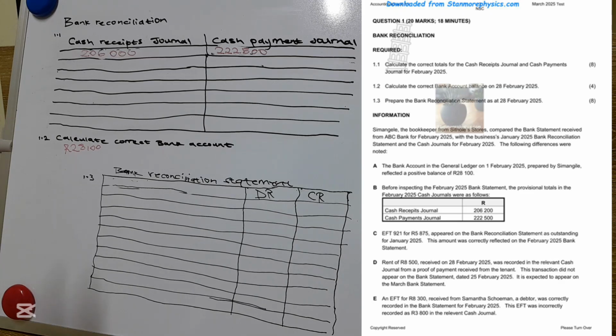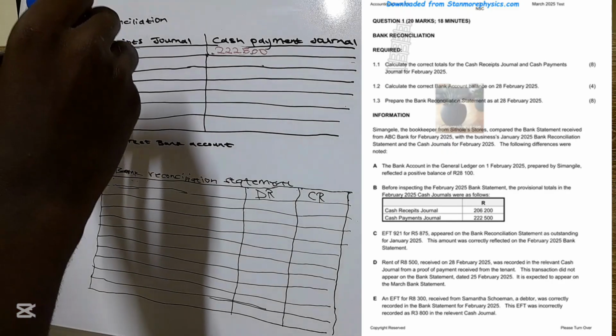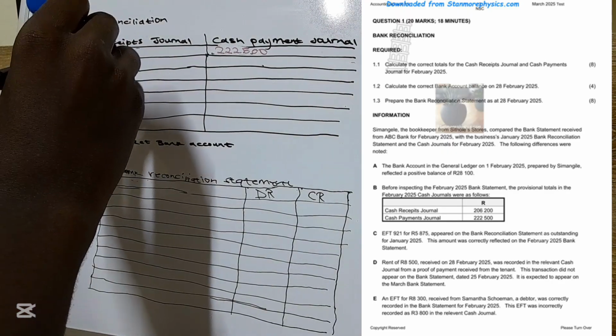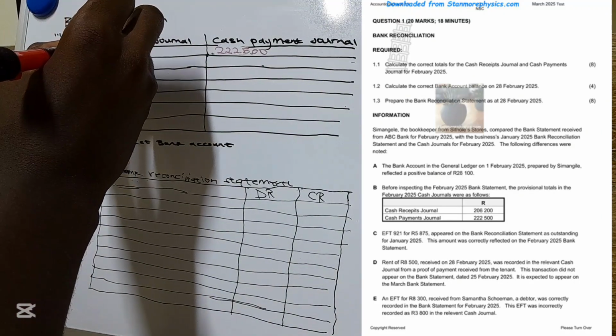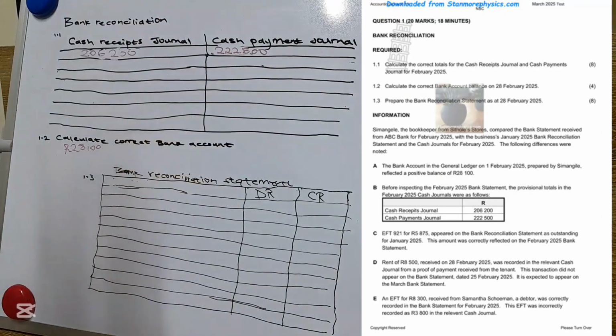As you can see here, we are already given this in the answer book. Sorry, I made a mistake here. It's 206,200.